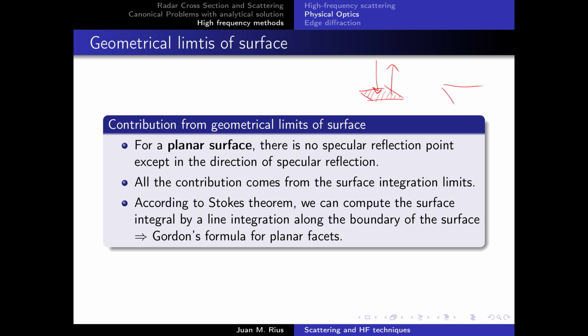Also in the bistatic case, if you are in the specular direction, the whole surface is specular.